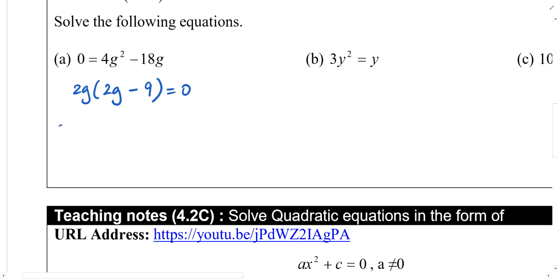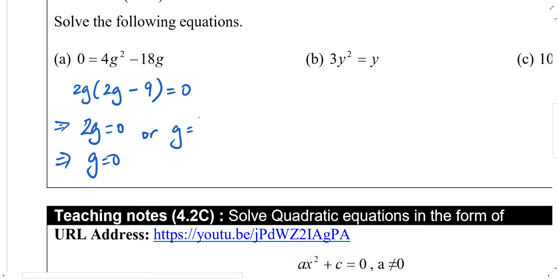Therefore, 2G equals 0 or G equals 0. Okay. Continue. Or G equals to?